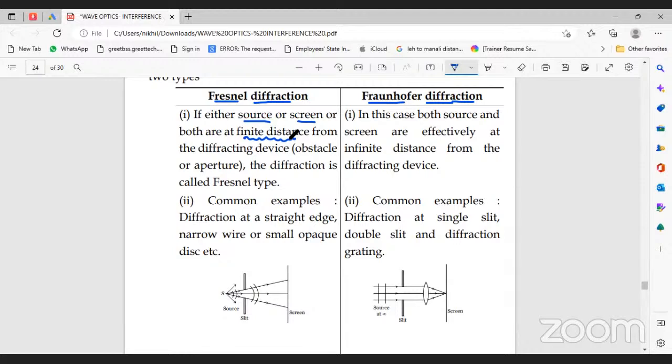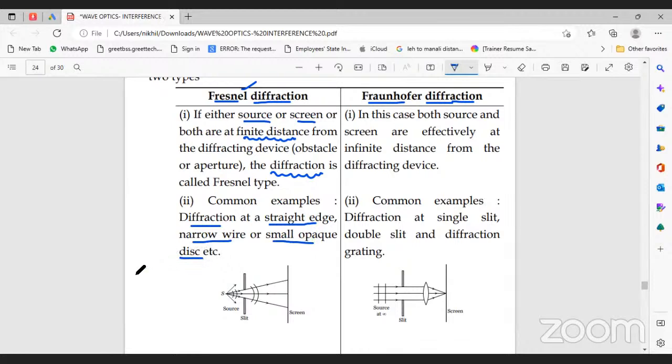If the source and the screen are placed at a finite distance, then whatever diffraction takes place, we call it Fresnel diffraction. Examples given are the diffraction at a straight edge, a narrow wire, or a small opaque disk.